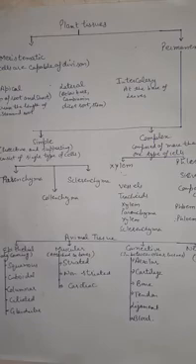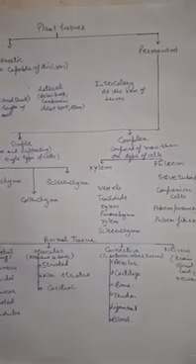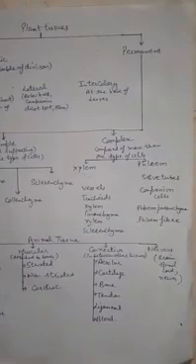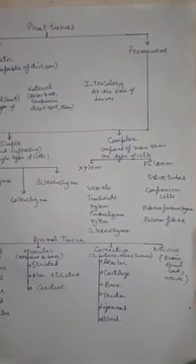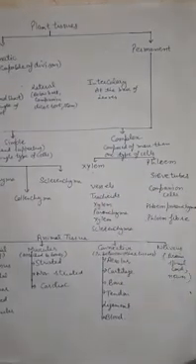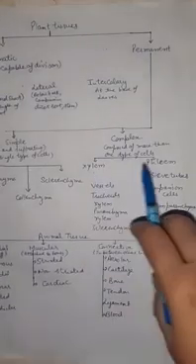And complex tissue is composed of more than one type of cells. Complex tissue is further divided into two types, xylem and phloem.